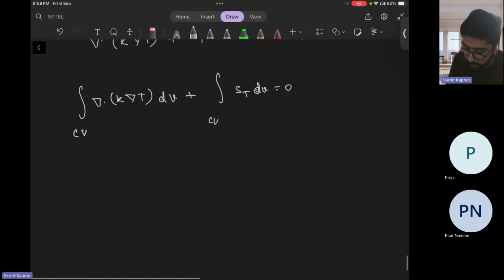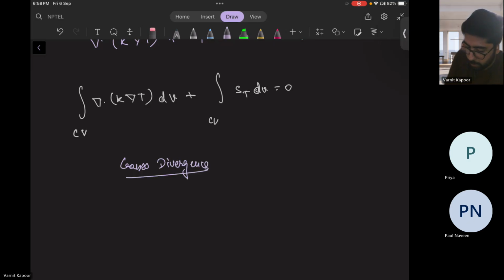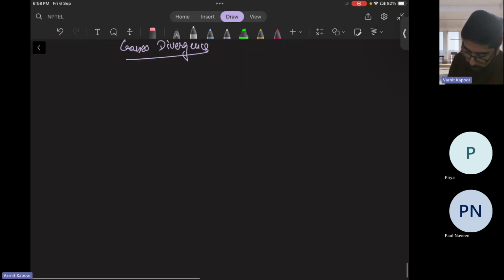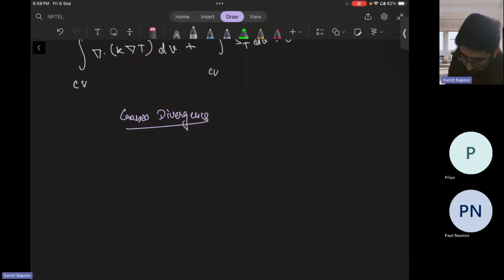Now we will apply the Gauss divergence theorem. Until here it is the same process as that of Cartesian coordinates.